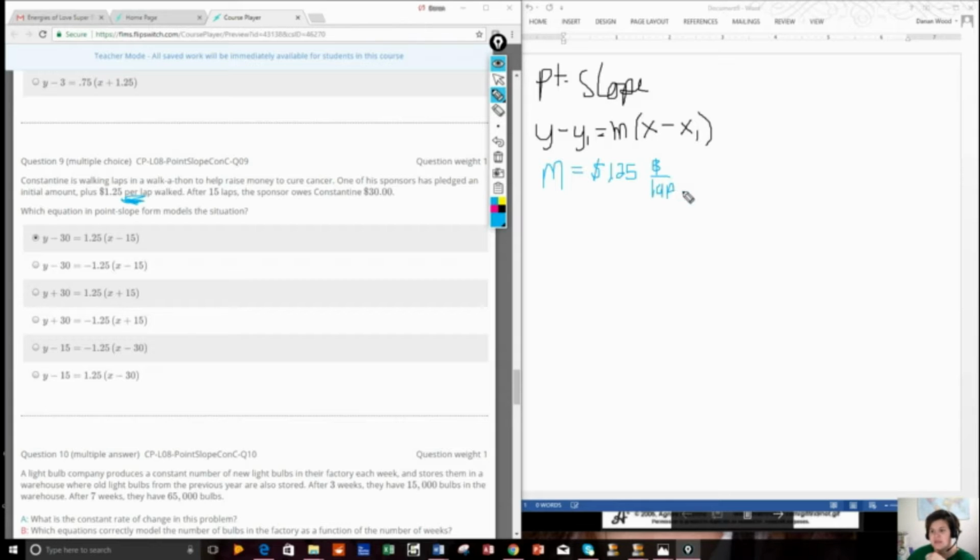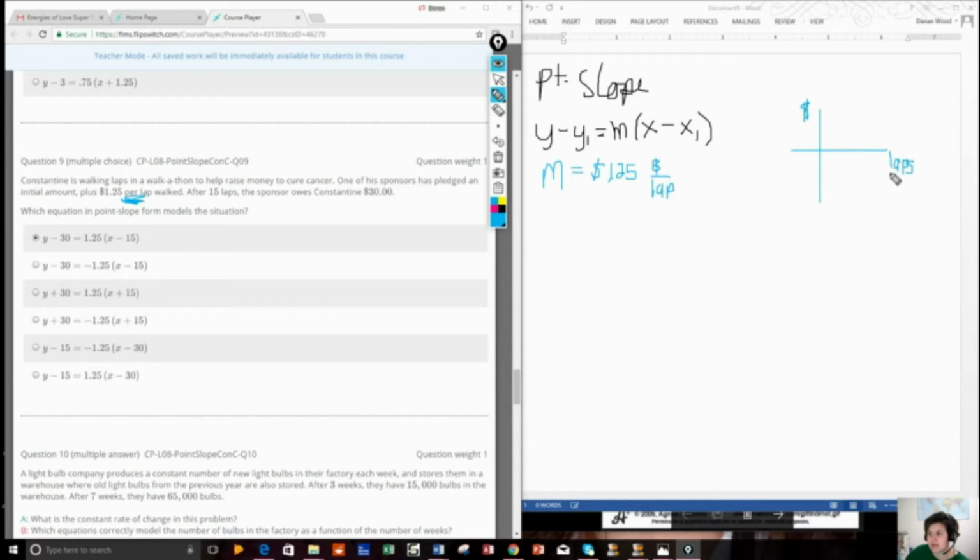That gives us a key as to what our x and y axis are. We have laps for our x axis, and we have our money. The laps do not depend on the money.